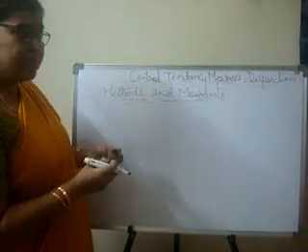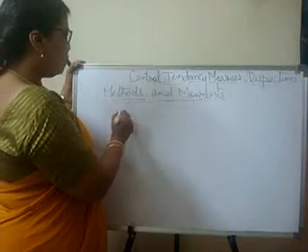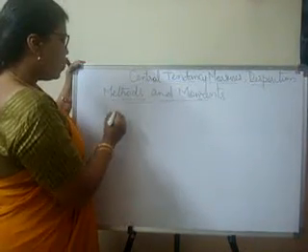The central tendency measures, as we have seen in our theory class, are five. What are they?